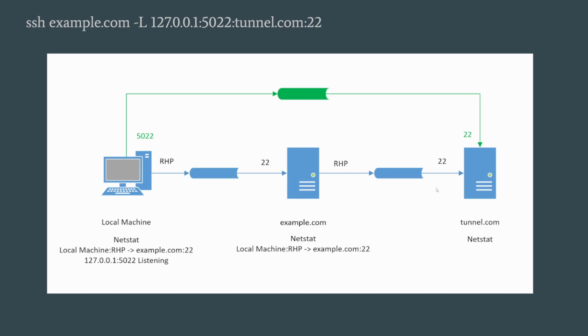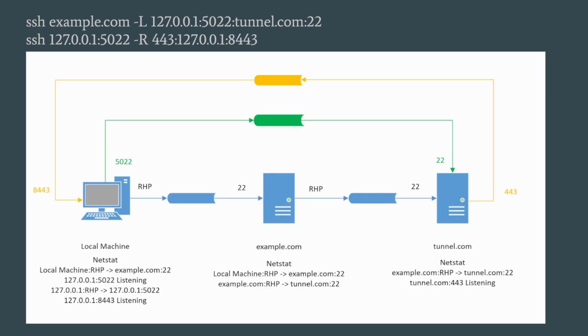So let's look at what happens when you do the second command. Once you do the second command, you're going to connect to yourself on 5022, which is going to SSH to tunnel.com, and then from there you will set up your listening and reverse tunnel. If we break down the netstats here, you have your one SSH connection to example.com, which then sets up your listening port.